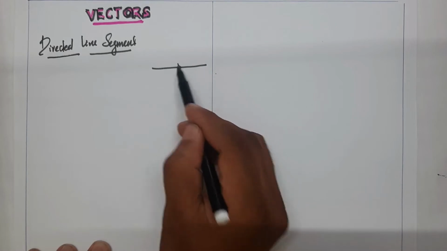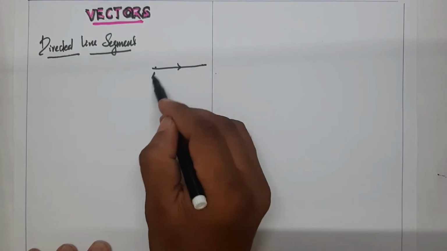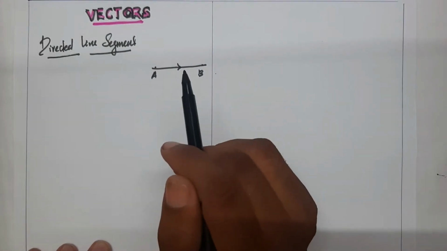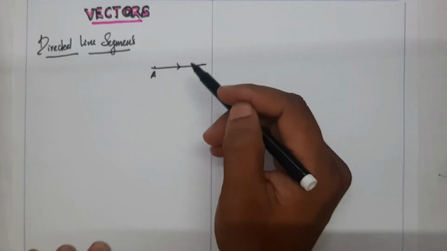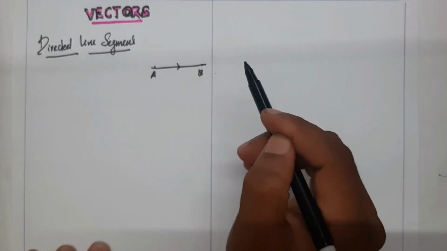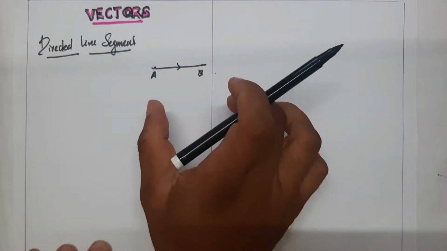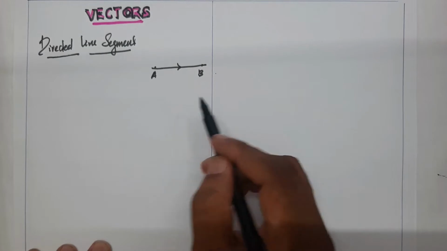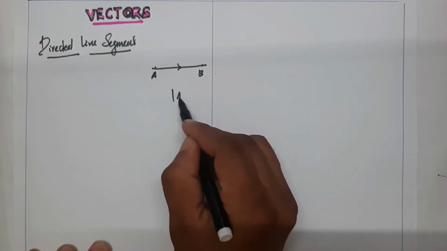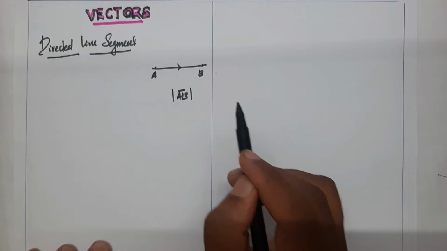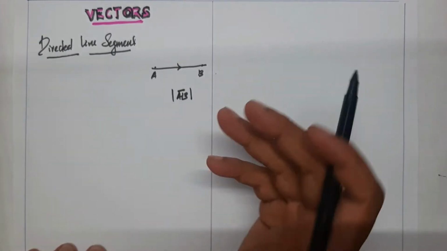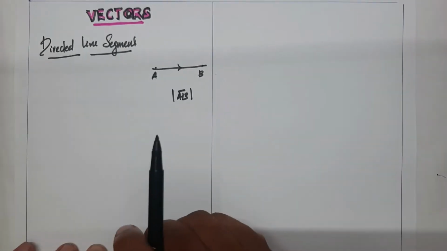This is a directed line segment, A, B. The point from which a vector starts is called the initial point, and the point where it ends is called the terminal point. The distance between the initial point and the terminal point is called the magnitude or modulus, and is denoted by modulus of vector AB. The arrow mark represents the direction, and the length of AB is called the magnitude or modulus of the vector.